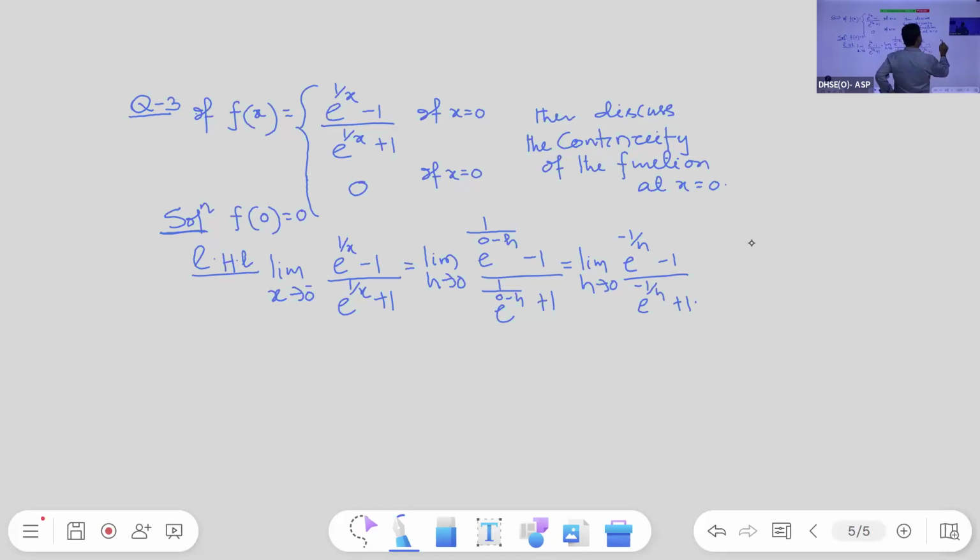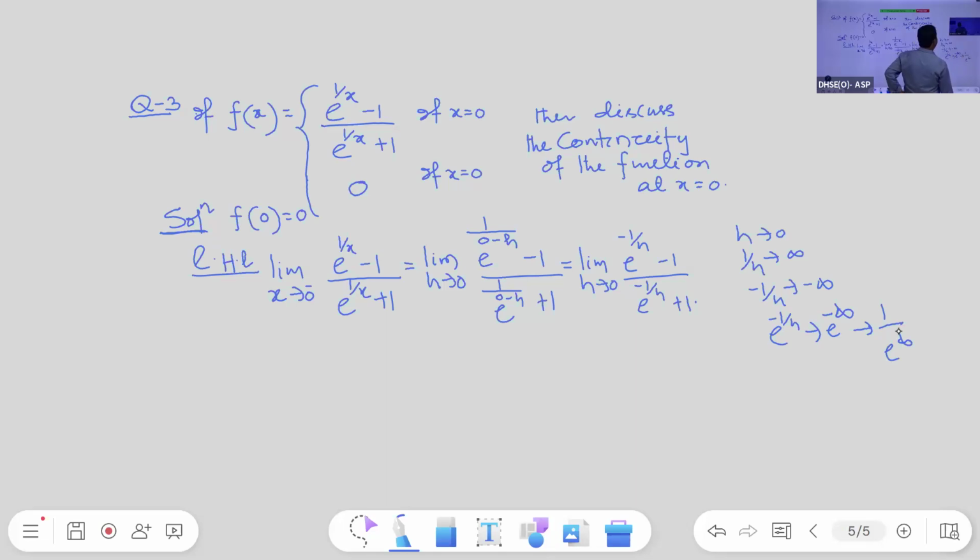So h is approaching 0. If h is very, very small, then 1 by h is very, very large. 1 by h tends to infinity. Minus 1 by h tends to minus infinity. So e raised to the power minus 1 by h approaches e raised to the power minus infinity. That approaches 1 upon e raised to the power infinity.